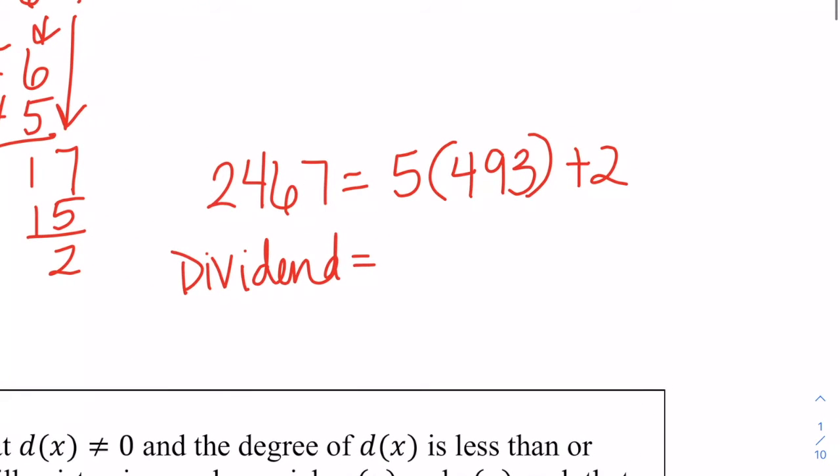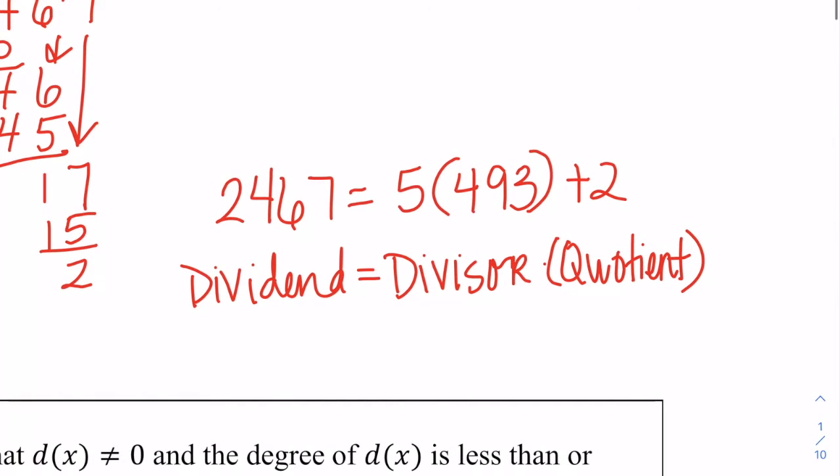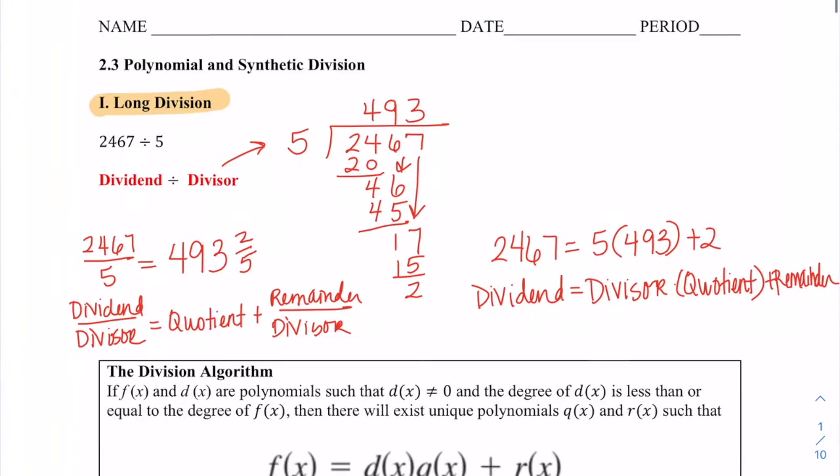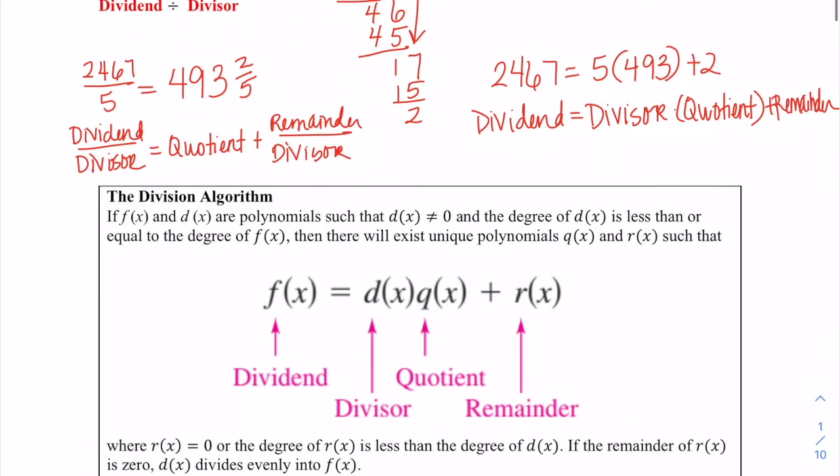Our 5 was the divisor, and 493, I'll just put in parentheses, was our quotient, and then our 2 was the remainder. So there's really two ways that we could write that equality if we're going to write that later.